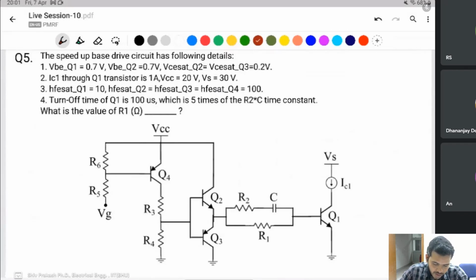Next question: given the speed of a base driver circuit, this one is also a driver circuit, Drivers Q1. IC1 is given as 1 ampere.